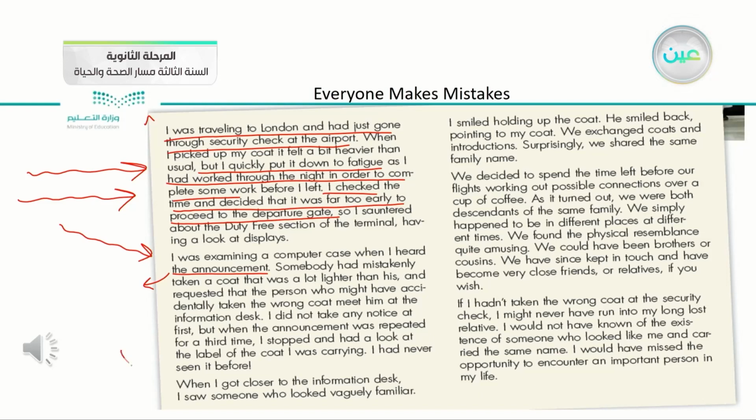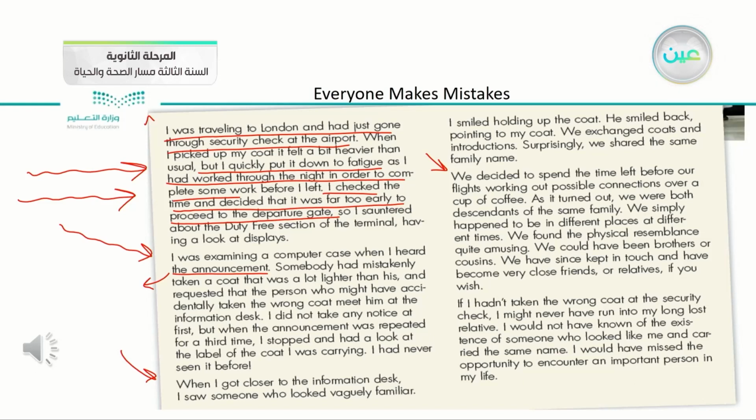Then he realized his mistake in the third paragraph, and in the fourth paragraph, the good outcomes, the positive outcomes of his mistake, are shown. He found out that the person he had mistaken his coat with is his relative, and so on.